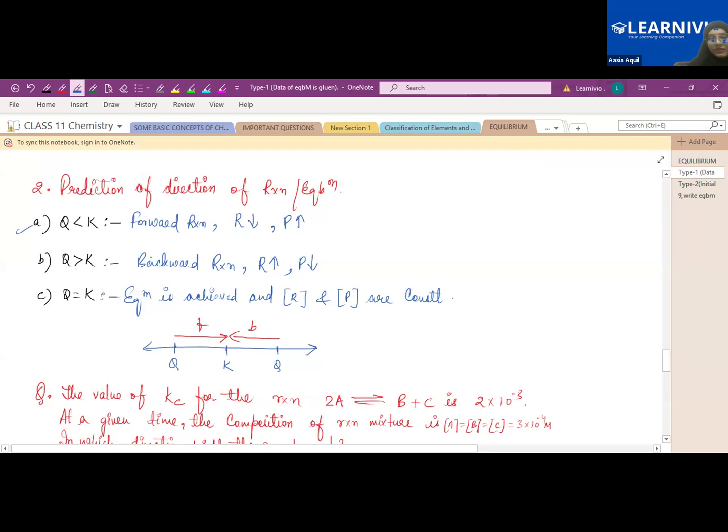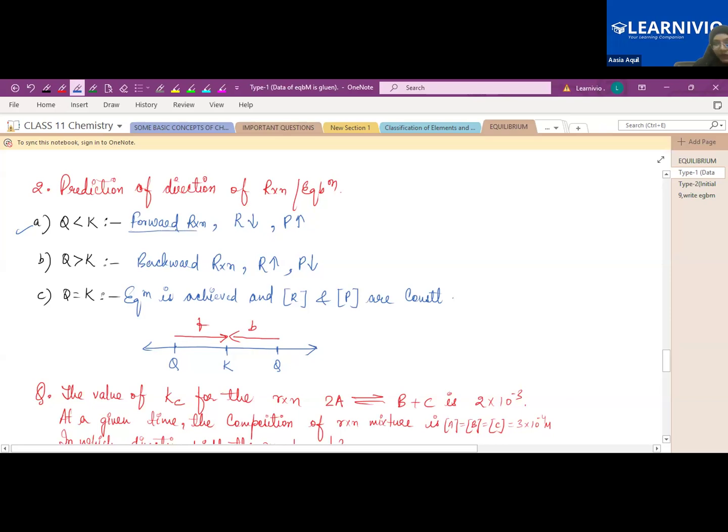a case in which Q is less than K. There is a slight difference between K and Q, you know very well. Q is your reaction quotient, and K is your equilibrium constant. So when Q is less than K, then it will be a forward reaction.